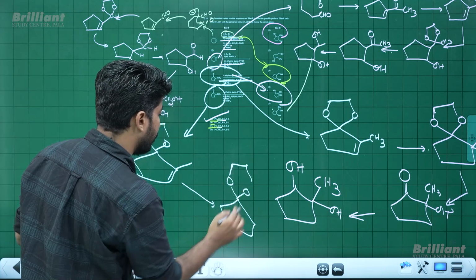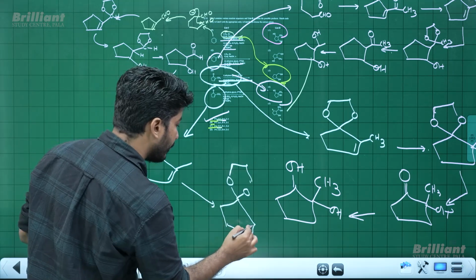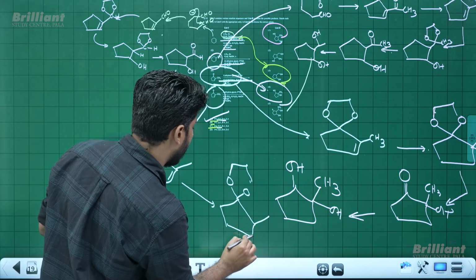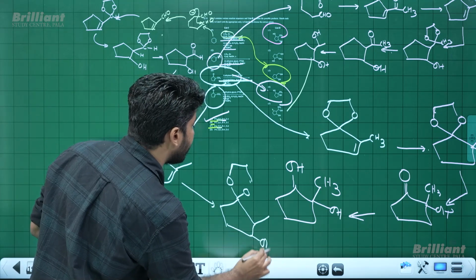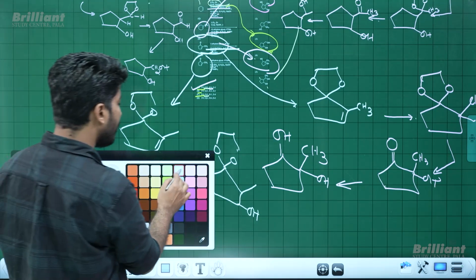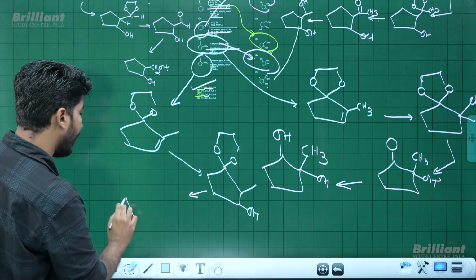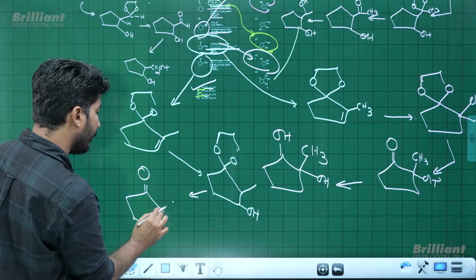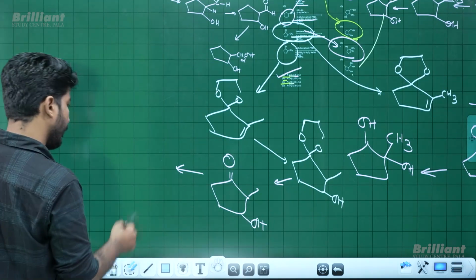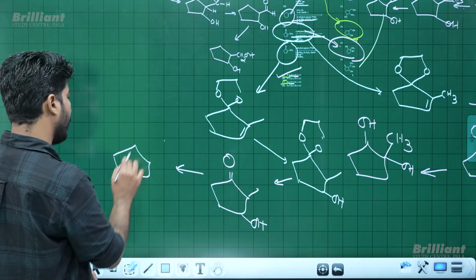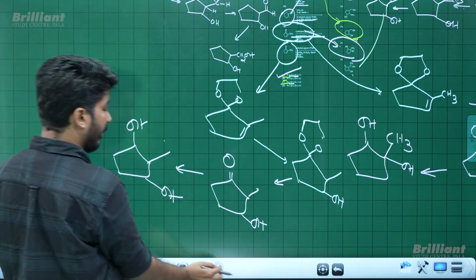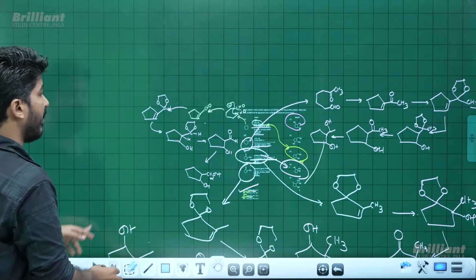After that, hydrolysis is performed. Hydrolysis will give back the ketonic group CO, CH3, OH, and then sodium borohydride is applied. Sodium borohydride will give us a secondary alcohol. So this particular diol is the final product of reaction S.